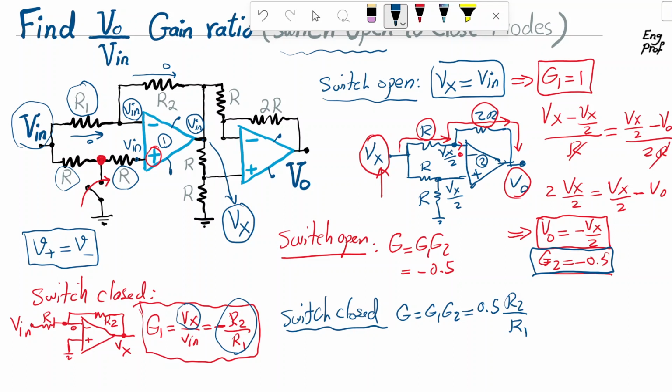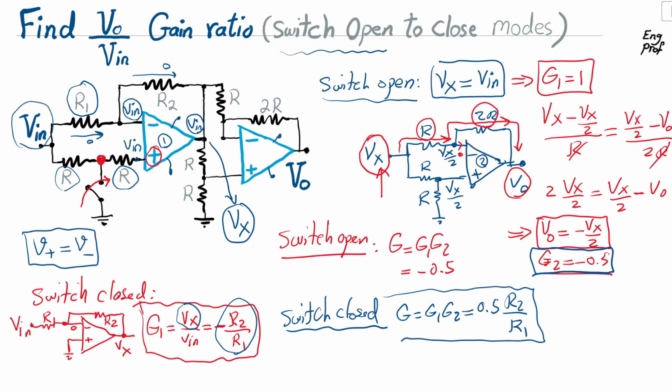Okay, now that we found the voltage gains for both scenarios, the question is asking what is the ratio of the voltage gain for switch open to switch closed modes. Fine. So I'm going to divide this outcome by this outcome. So the total answer, let's say the ratio, is minus 0.5, which I found from here.